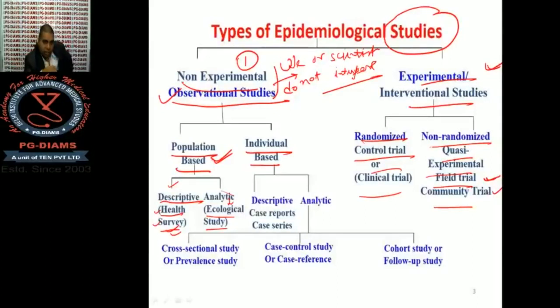But the cause is not found out. For that, we need to perform an individual based study, because the cause varies from one individual to another. And in that, if it is only descriptive, then it is a case report or case series. Case report is for one patient, and case series for a group of patients.